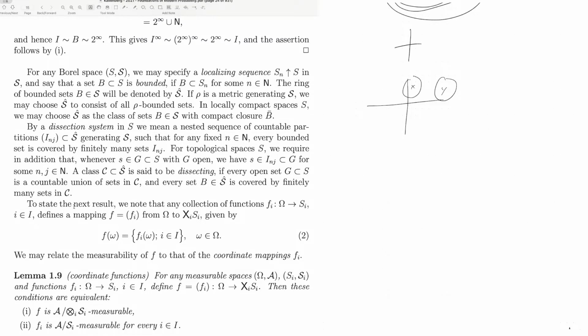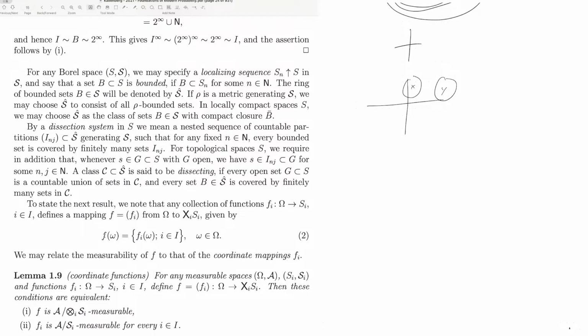To state the next result, we note that any collection of functions f sub i defines a mapping F. S sub i is not defined here. I don't know. This is just like an infinite product function as far as I can tell.